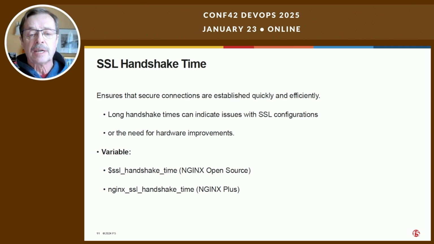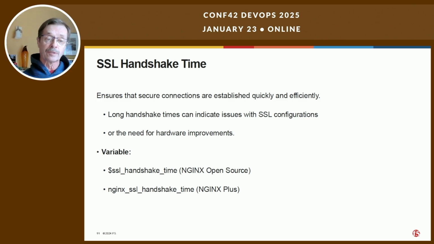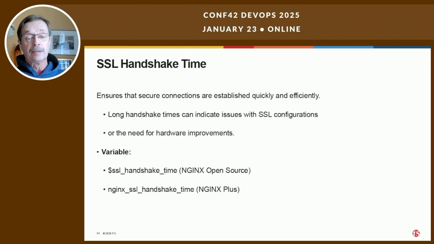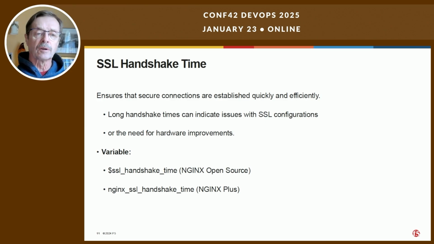The long handshake time usually means there's a configuration problem. And so if something's taking a long handshake between these things, it can also mean that your hardware is running slow. And that will be indicated by the previous one looking at CPU and memory. NGINX, open source, and Plus both provide variables to look at that handshake time frame. That's incredibly crucial these days. We need these secure connections.